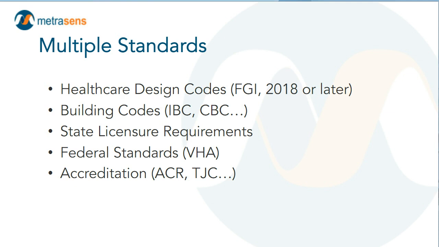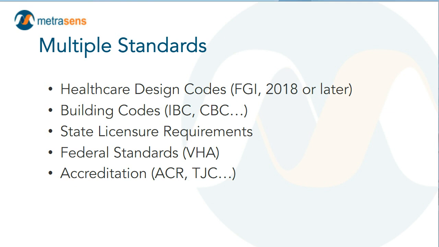Please, for MRI, use 2018 or later. The FGI 2018 substantially rewrote imaging and made the design standards, I think, more responsive to contemporary MRI. So we have to follow a healthcare design code. If you have a choice, choose FGI.